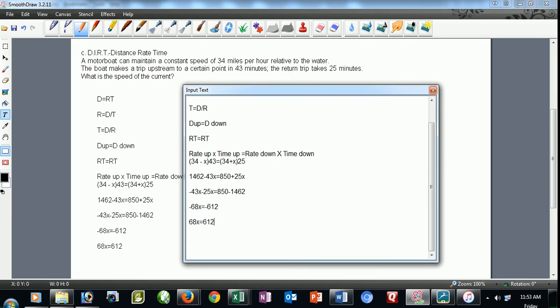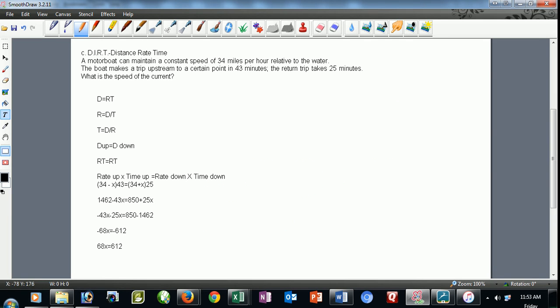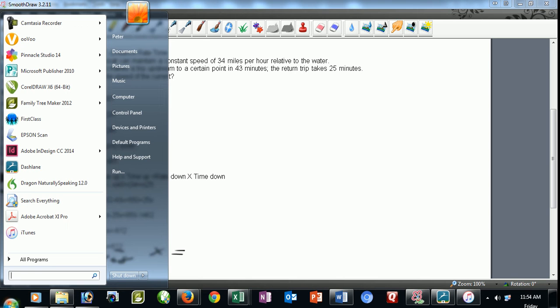So I'm going to divide by 68, divide by 68, bam bam, x equals. Now be careful. I want to make sure I know 68 goes into 612.